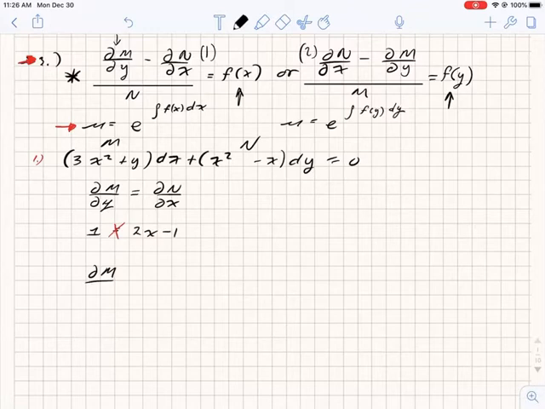So let's try formula number 1, which is the partial derivative of M with respect to y minus the partial derivative of N with respect to x, divided by N. Now notice, this is how I remember it.